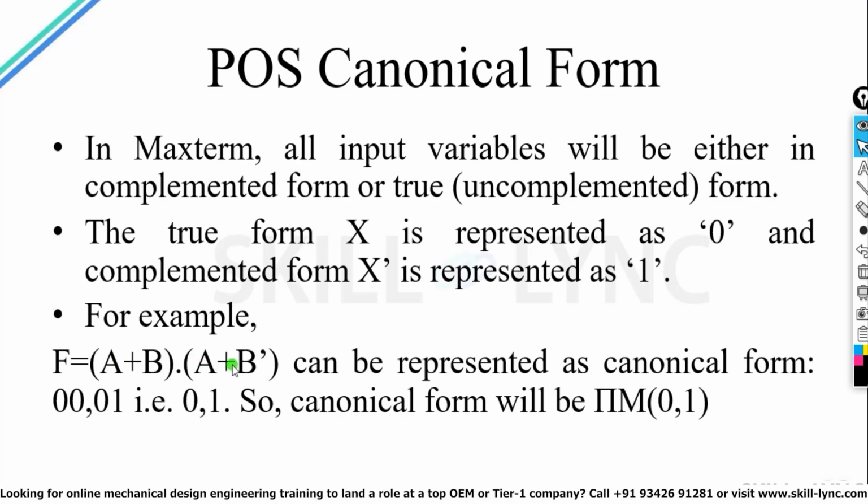In a plus b bar, a is there, so we take 0, but b bar is the complemented form of b, so it is 1. So the canonical form will be pi capital M 0, 1. If someone asks what the maxterms are, they are A plus B and A plus B bar. This is the POS canonical form.